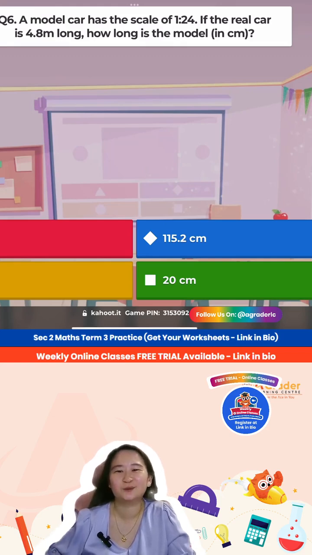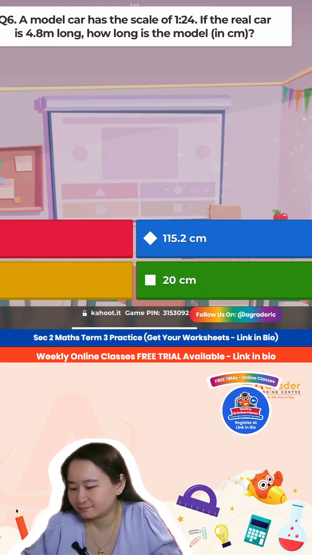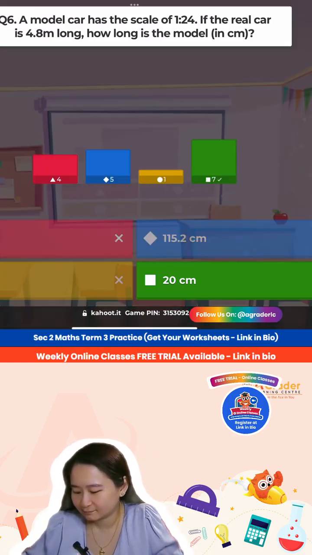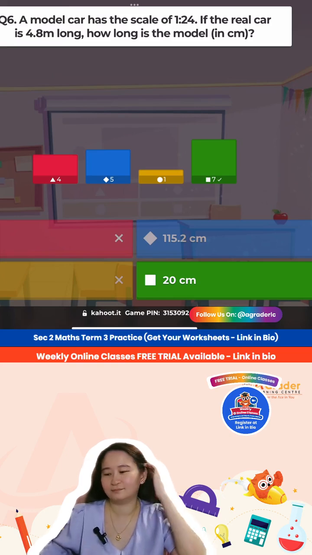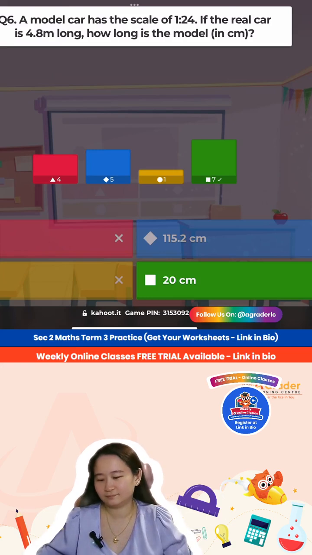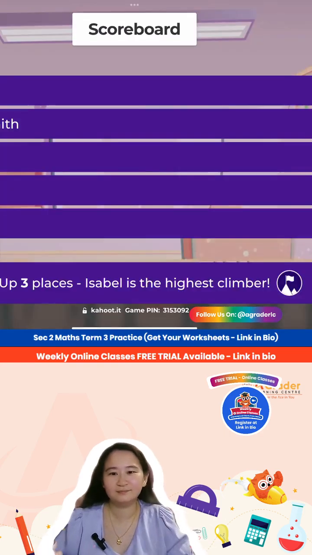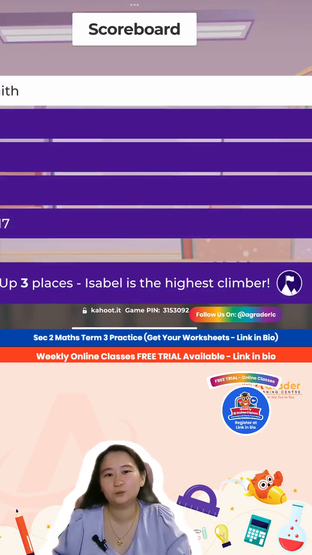Can even do Sec 2 math. It's level Sec 2 math.